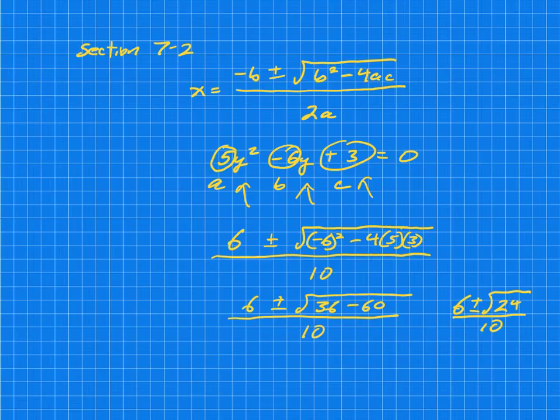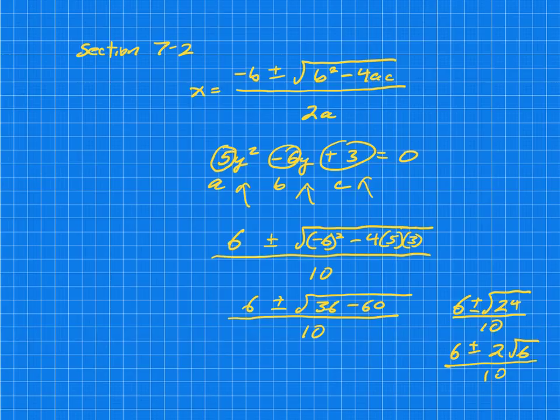Now this can be simplified because there's a perfect square in the 24, which is the 4. So if I take out the 4, I'm going to get 6 plus or minus the 4 comes out as a 2, and we still have a root 6 inside and a 10. Now, some of you need to be very careful here because there's 2 terms on the top.